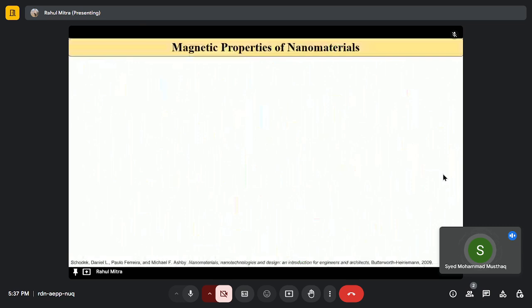Now moving on to the magnetic properties of the nanomaterials. Magnetism arises from magnetic moments, right? Magnetism arises from the spin.